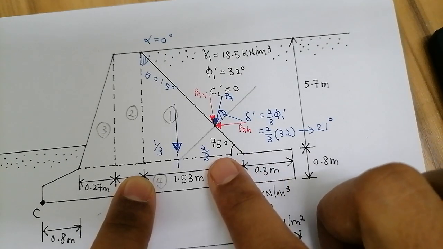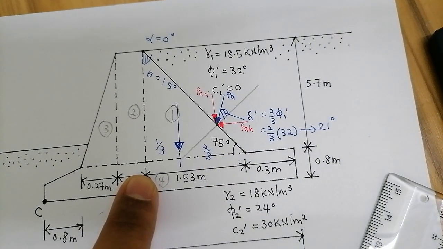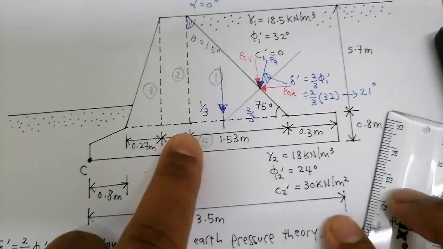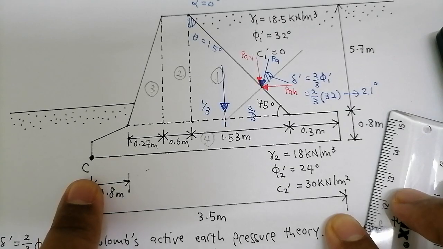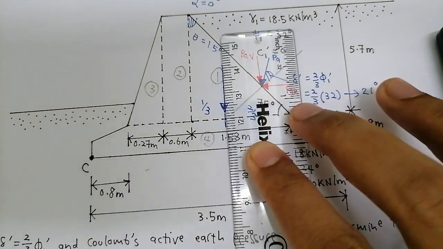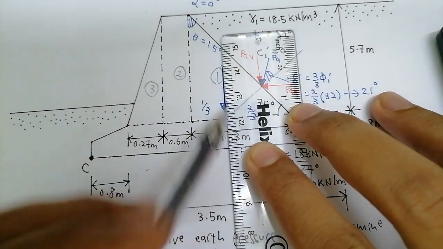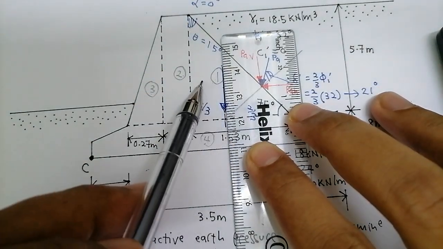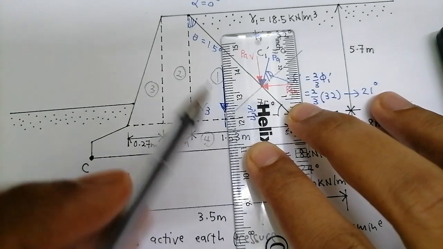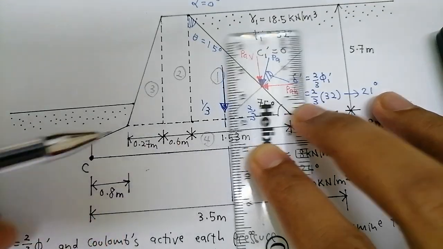Alright? So, okay, let's get back to the table. So now we want to calculate the moment arm from point C. Where is point C? This is our point C. Moment arm from point C means the distance from the weight that you calculated just now, weight of section 1, to point C. Sorry, it's very messy.